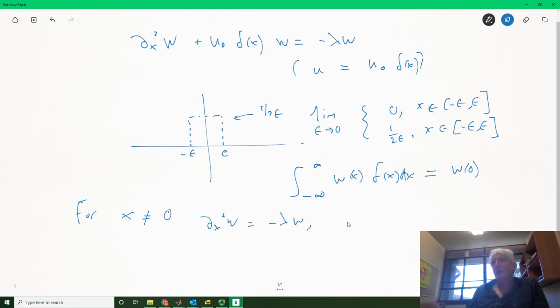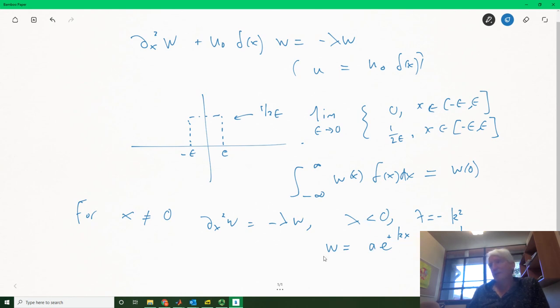That has a solution depending on whether lambda is greater than 0 or less than 0. If lambda is equal to minus k squared, that's going to have solution w is equal to a e to the kx plus b e to the minus kx. So we can solve the equation really simply and get these two different solutions depending on the sign of lambda.